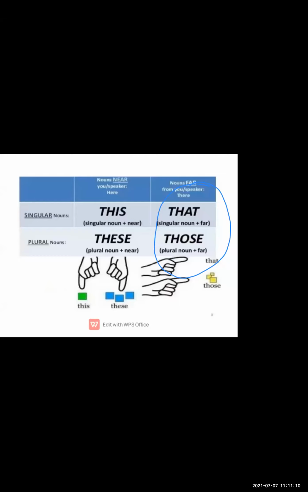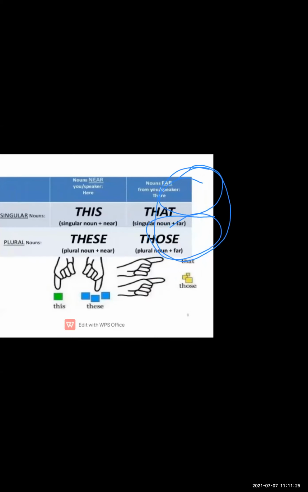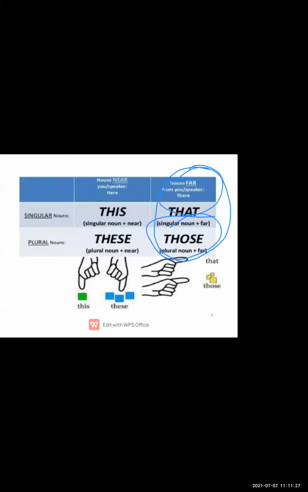Now here, that is used for a singular noun, and those is used for the plural noun. That for the singular, those for the plural. For example, that is my book, which is very far, only one book.